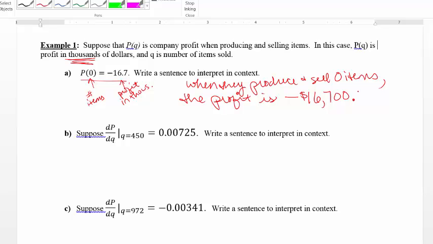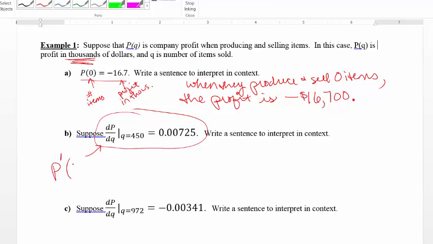Part B is using this new notation, dp dq. Again, this is the derivative p prime, and they're specifying dp dq when q is 450.